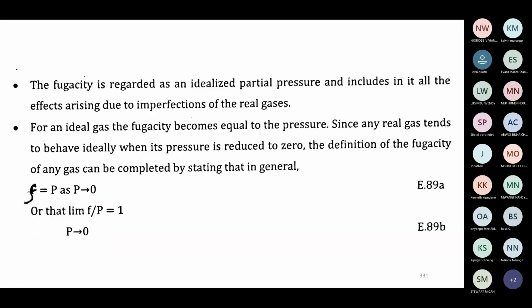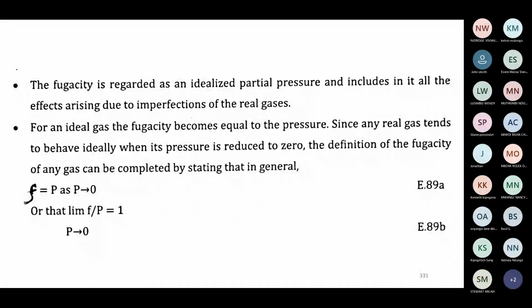So fugacity is regarded as an idealized partial pressure, and it includes all the effects arising due to imperfections of real gases. Okay, for an ideal gas, the fugacity becomes equal to pressure. So for an ideal gas, f equals P.